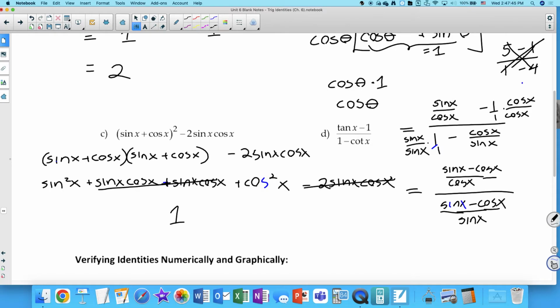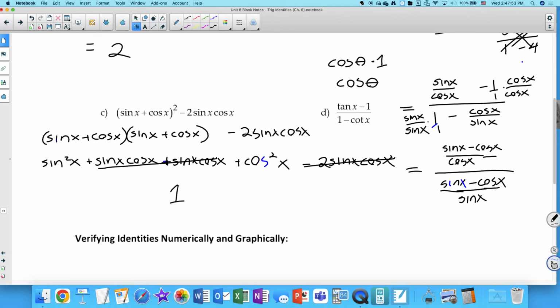Okay, so now I have fraction divided by fraction. I can now take the first one, multiply by the reciprocal of the second. And what I get is sine x minus cosine x over cosine x times reciprocal sine x over sine x minus cosine x. Okay?